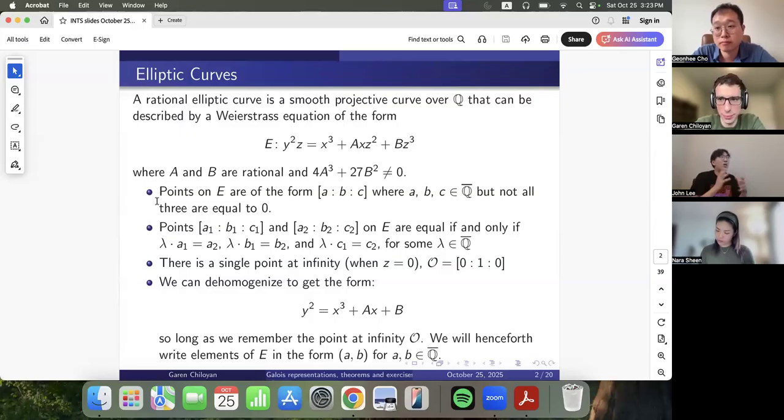That's one reason why I'm really interested in the Galois representation, because it gives us an indirect way of understanding the group structure of the rational points and also finding the generators. So I think that's another important pillar of why arithmetic geometers are interested in elliptic curves in particular.